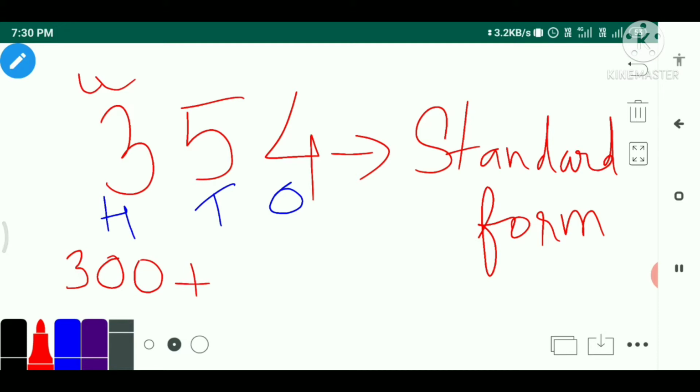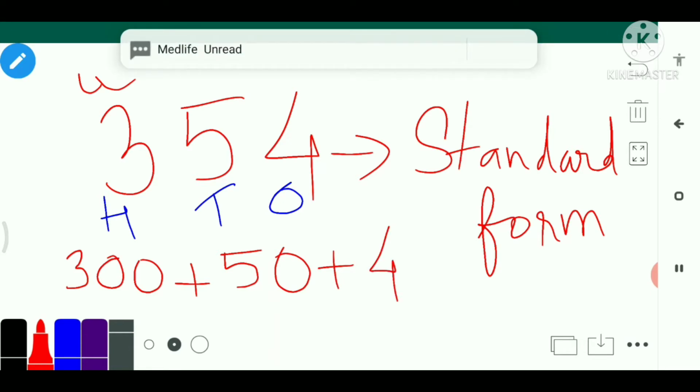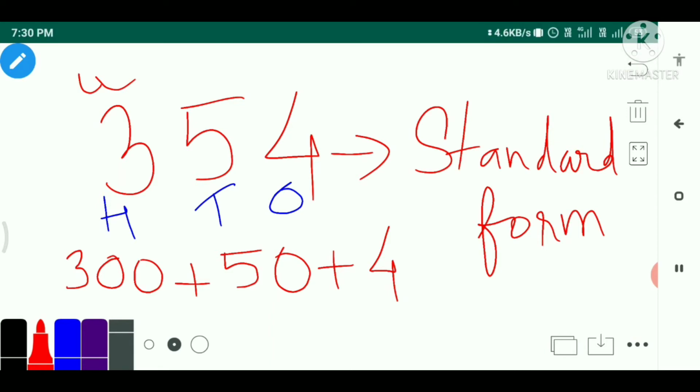Plus the place value of 5: as 5 stands in the tens place, it will be 50. And the place value of 4 will be 4, because it is in the ones place. So this form of writing a number is called expanded form.